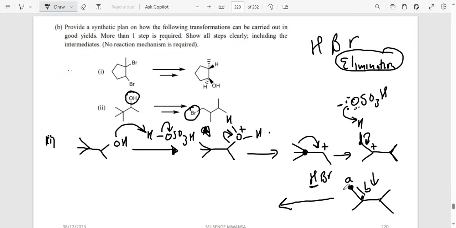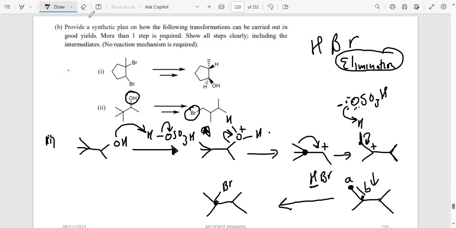So where do we think H is going to attach, and where is Br going to attach, at A or at B? So Br is supposed to attach at B, at this carbon.